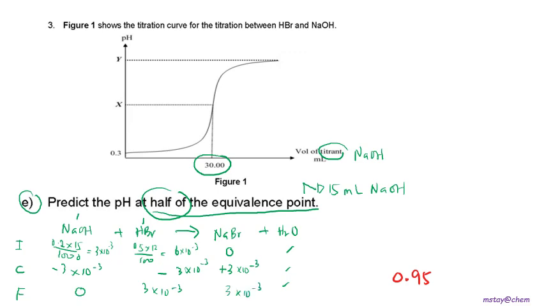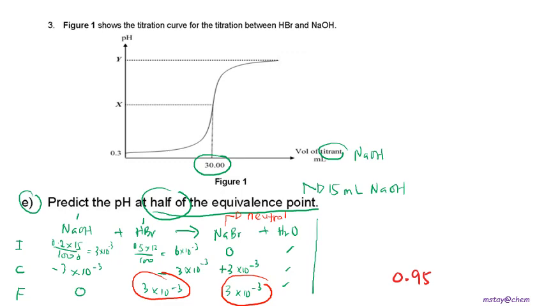Now at this condition, we only have 2 substances in the container which will affect the pH value. One is HBr and the other one is NaBr. Since NaBr is the salt formed from strong acid and strong base, NaBr is a neutral salt.